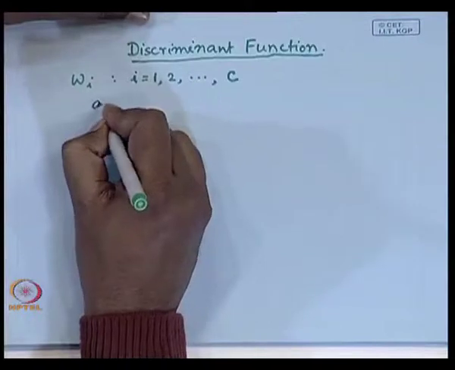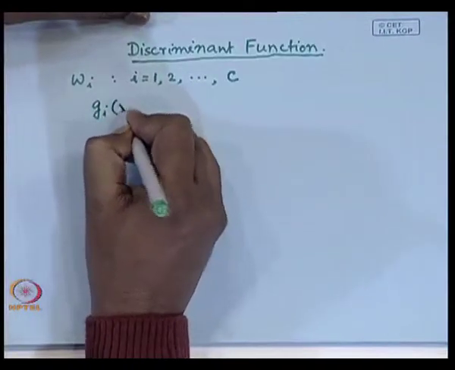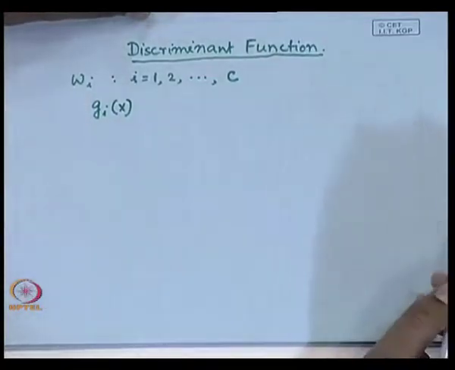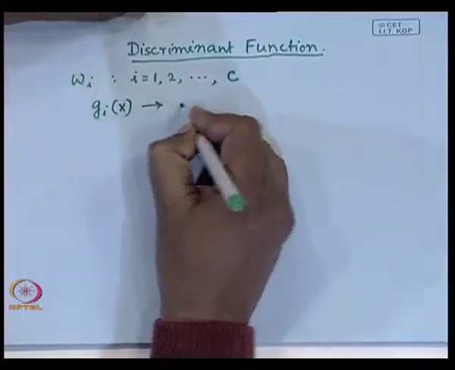So, for every class we define a function say g I x. Okay. So, this g I x for a feature vector x will be computed for every ith class. Okay. And for whichever value of I the g I x is maximum, we classify x to that particular class omega I. So, this is what we are calling as discriminant function.